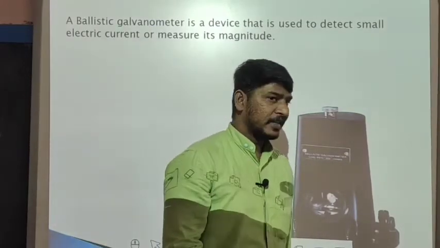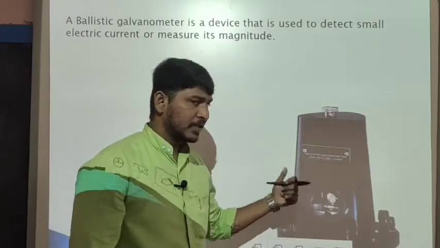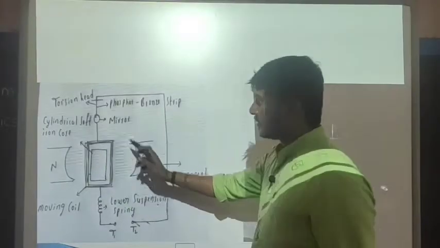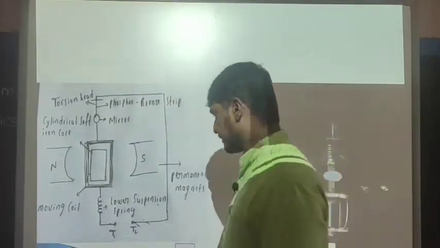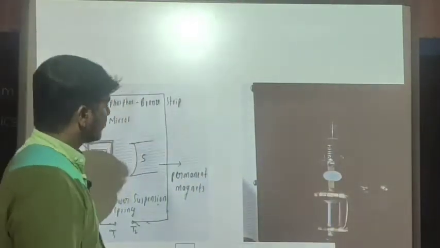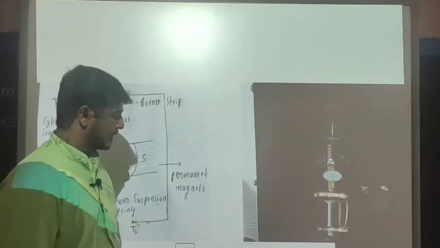Okay, now let us see the construction of the ballistic galvanometer. You can see this is the block diagram of the ballistic galvanometer and this is the actual ballistic galvanometer. Now let us study the construction.